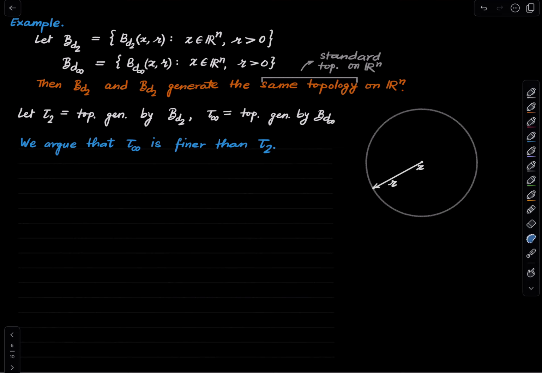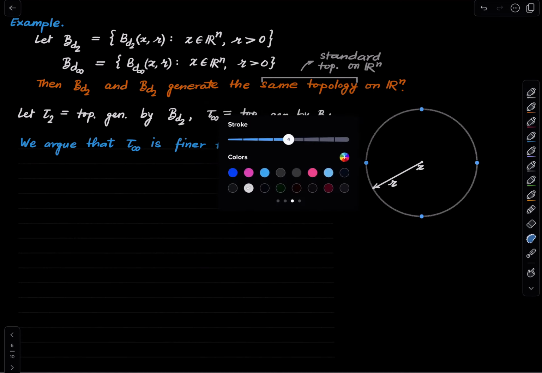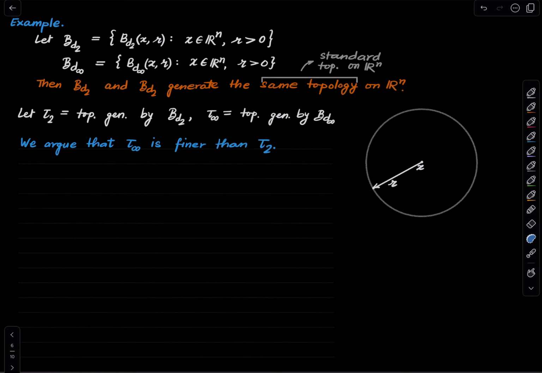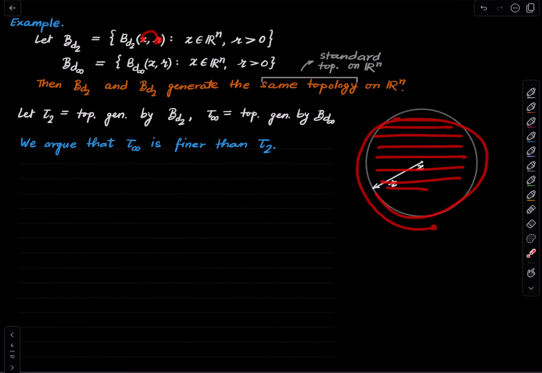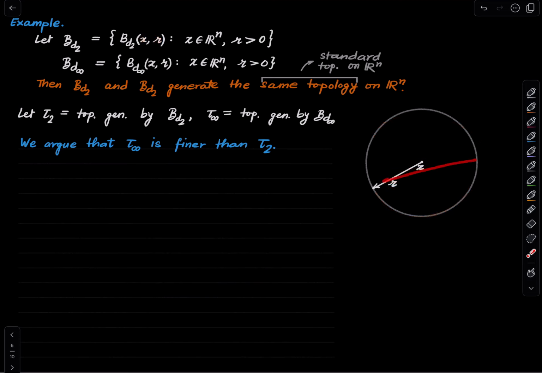When I draw this picture, I mean the ball of radius r centered at x, and that does not include the things on the boundary. It only includes things which are strictly inside. So we picked some arbitrary element of that, and now pick a point, let's call it maybe y. Pick a point y arbitrarily.